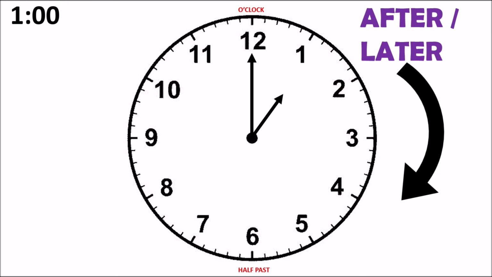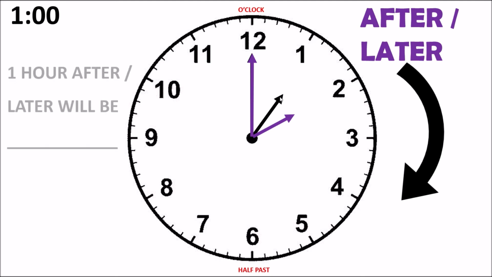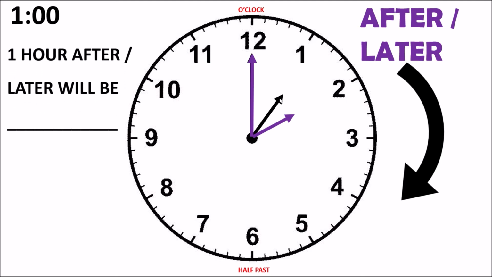Now, what time is it right now? That's right. Here it is. It's 1 o'clock. It's 1 o'clock right now. What happens if I move the hands of the clock? And now it's moved to 2 o'clock. So I have moved the hands 1 hour after 1 o'clock.